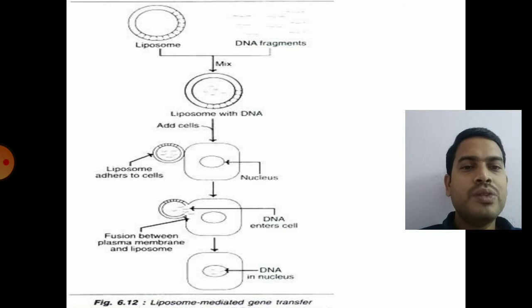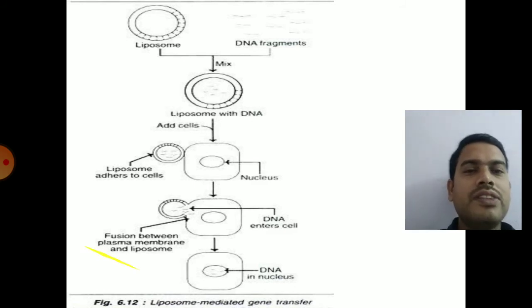Now these liposomes are incubated with your target cells, especially plant, animal or bacterial cells, where the liposomes will fuse with the plasma membrane and release your DNA fragments or transgene into the cells. So that is liposome mediated gene transfer.